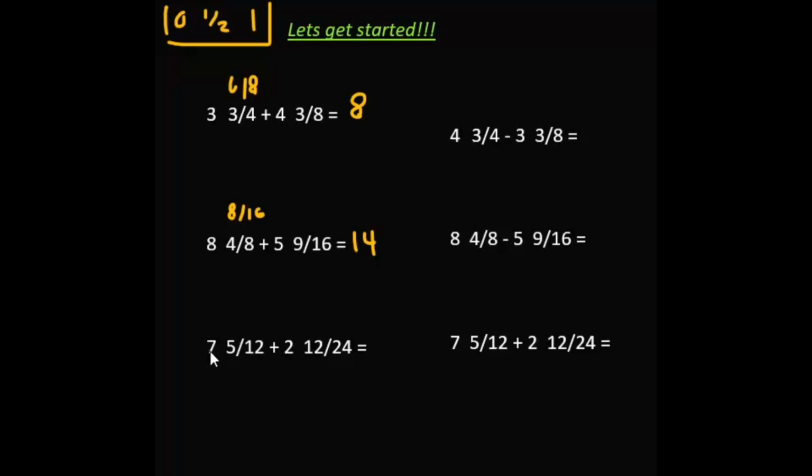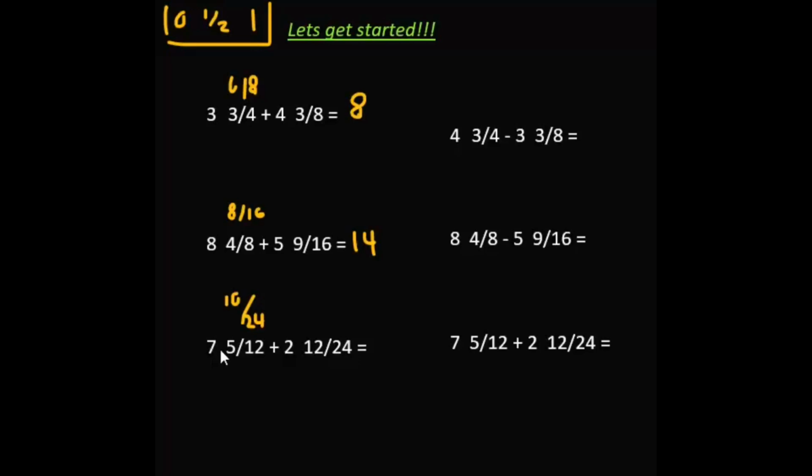So it says 7 and 5/12 plus 2 and 12/24. Again, we have to find common denominators. So 12 doubled is 24. So let's write down 24. Then we have to double the 5 to make it 10/24. Okay, so now we have the common denominator. Half of 24 is 12, and 10 is only 2 away from 12.